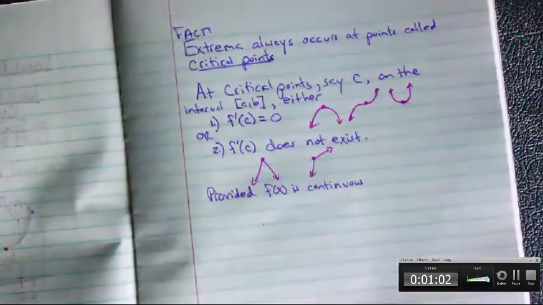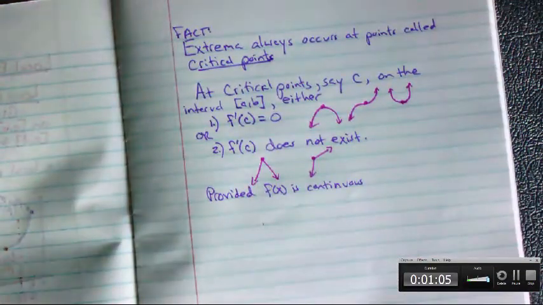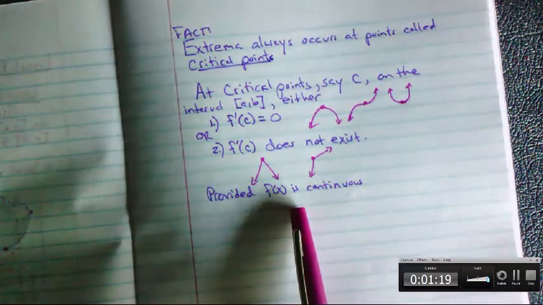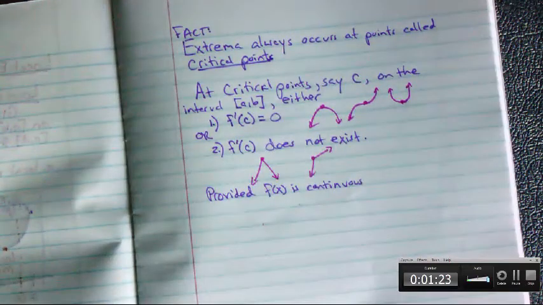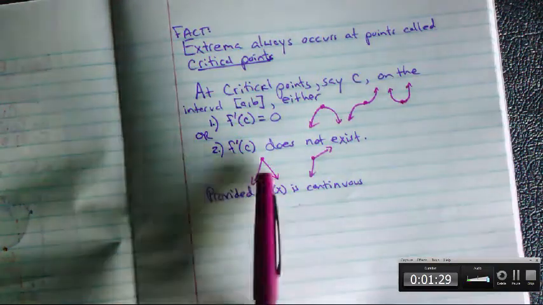Because if it's not continuous, if there's a jump discontinuity, if there's an asymptote, if there's a break in the graph of any sort, then the derivative won't exist at that point either. But if f of x is continuous, critical points either occur where the slope is 0 or the slope does not exist, meaning there's a horizontal tangent or there's a sharp bend in the graph.